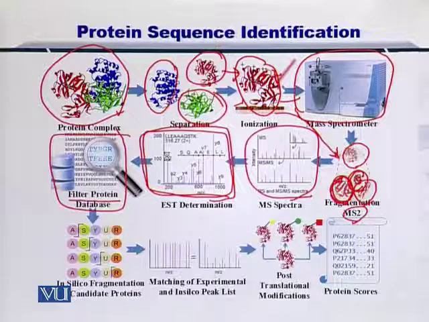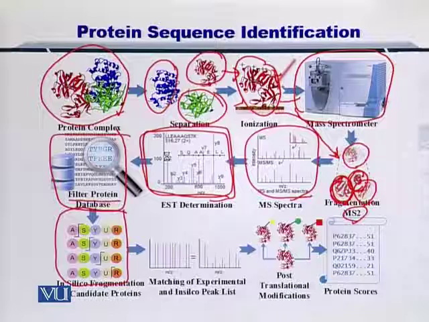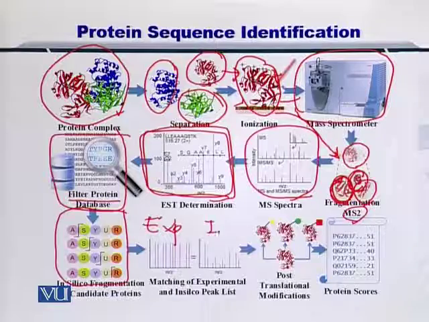Now from those proteins that you have shortlisted, you can fragment those proteins and obtain MS2. So here this fragmentation is shown. This is called in silico fragmentation. And then you can compare the experimental data with the in silico data.